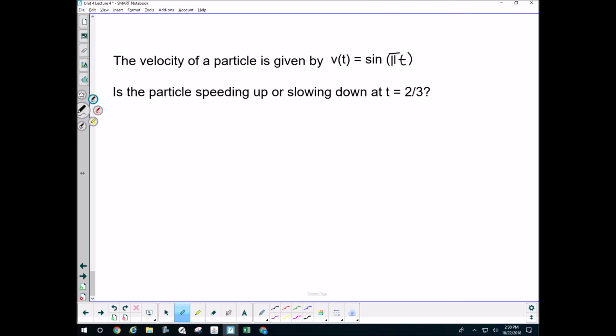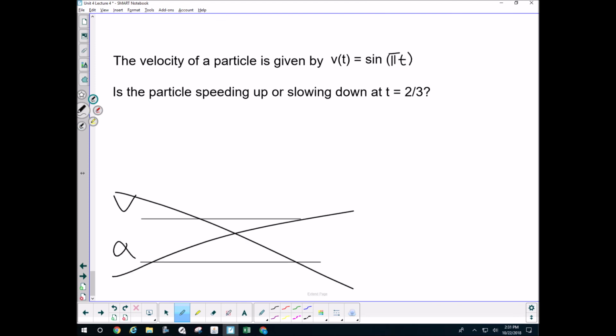Am I asking for the intervals in which the object is slowing down? No. Do you need to do an extensive sign analysis for V and A? No. Because you are just concerned about what is going on at this one point. Okay, answer the question. Are we speeding up or slowing down at 2/3?